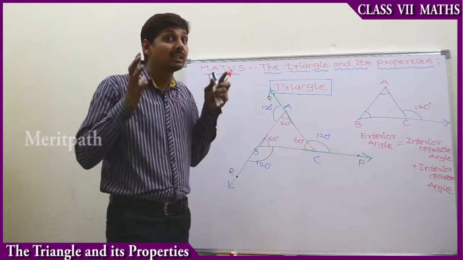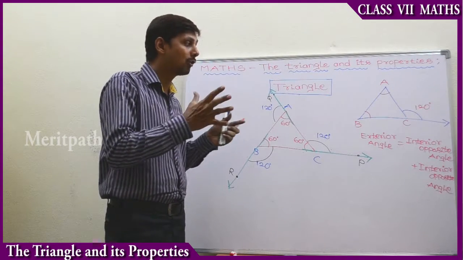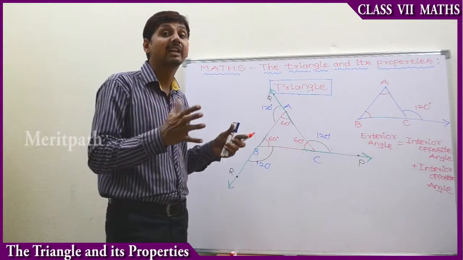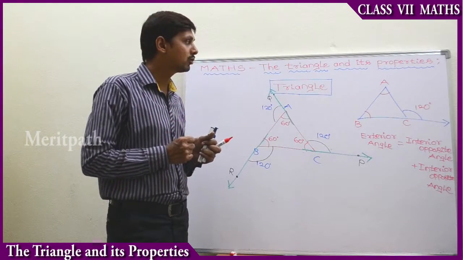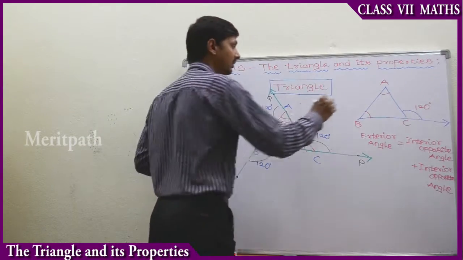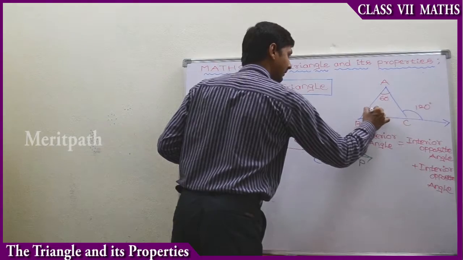So an exterior angle of a triangle is equal to the sum of the two interior opposite angles. So we need to find out, and we know these two opposite angles are given here, 60 degrees and 60 degrees.